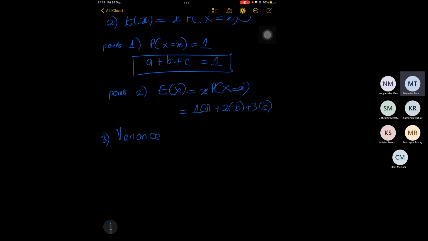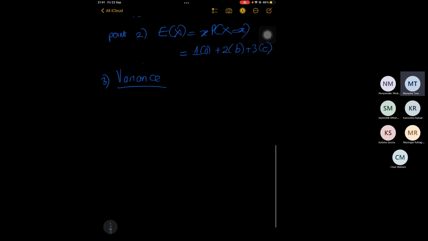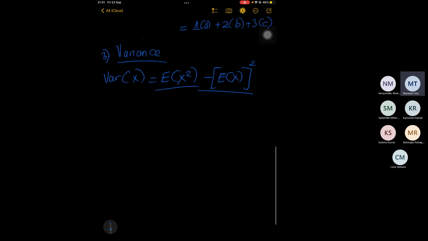These are the most important properties that you'll be asked, like the E of X, the expectation, and the variance. So for the variance, Var of X is equal to E of X squared minus (E of X) squared. Keep in mind, these two terms are different, isn't it?